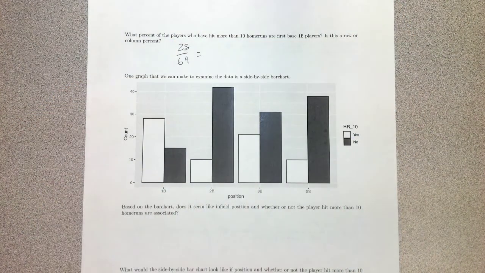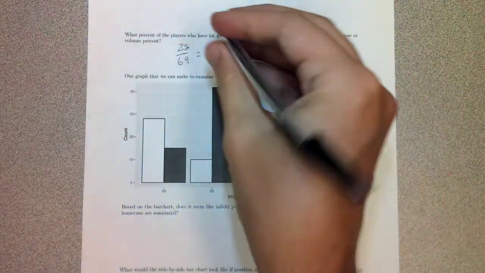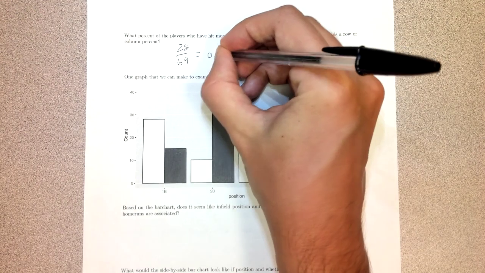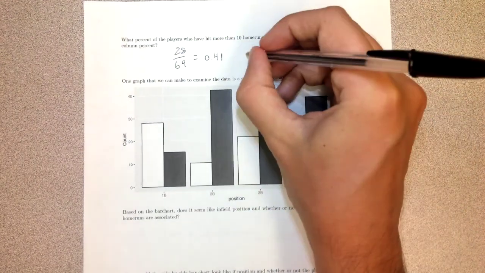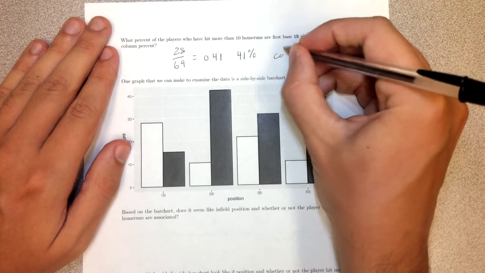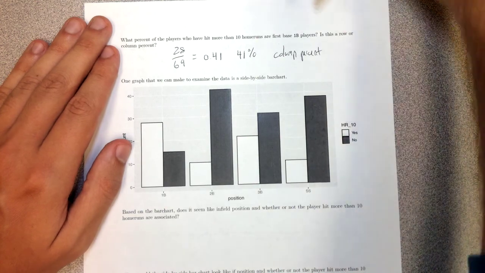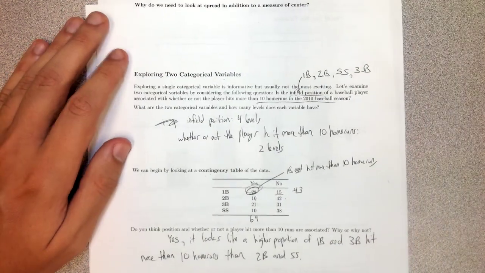And again, if you do that on your phone, 28 divided by 69, that's 0.41 or 41%. And so that's what we're calling a column percent.